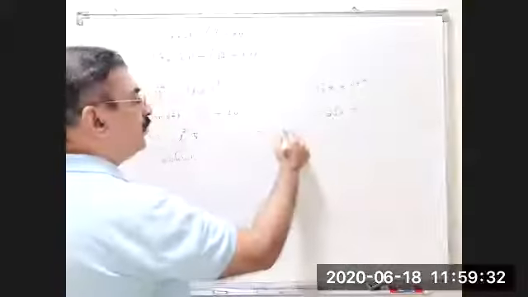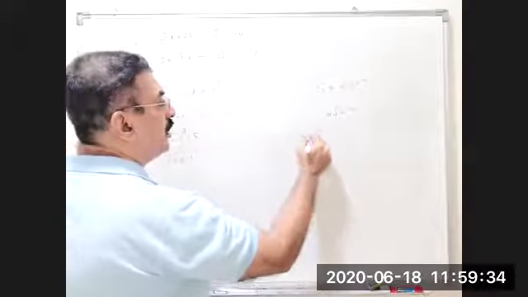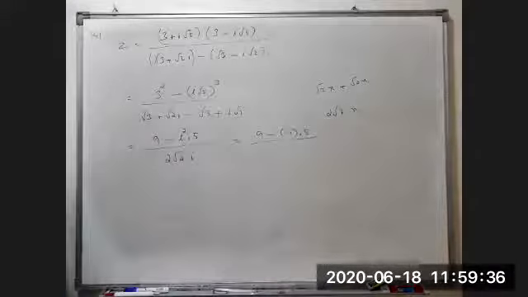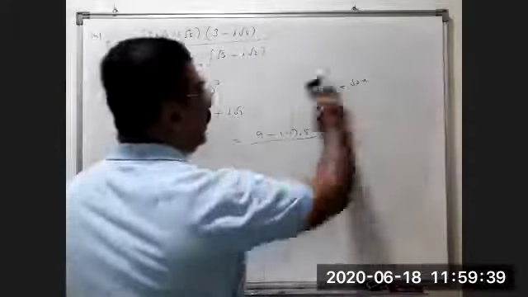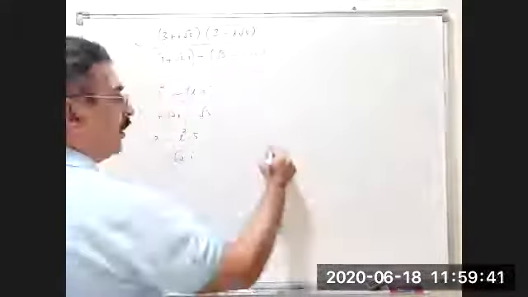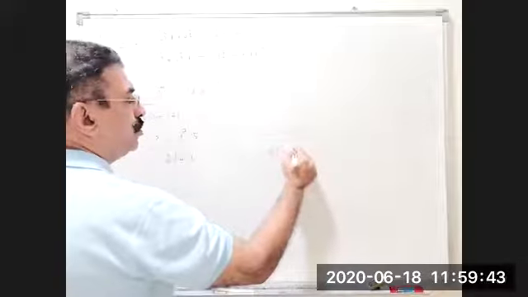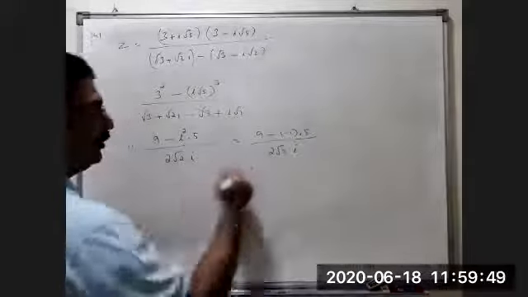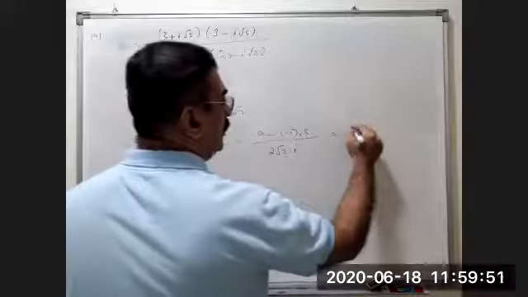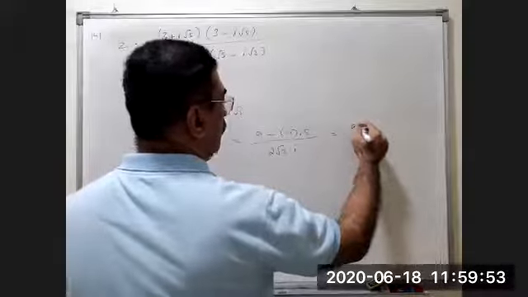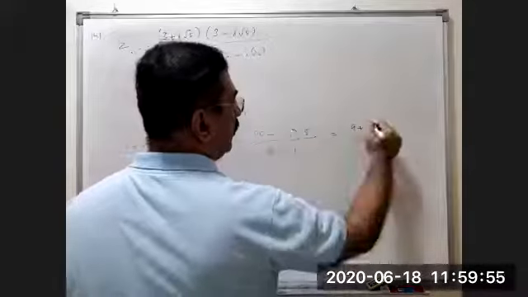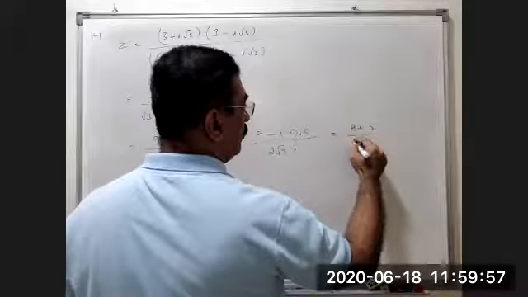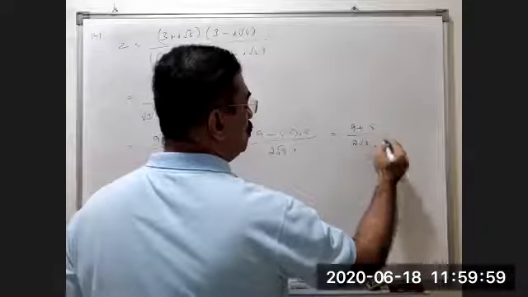Minus i square is minus 1 into 5, minus 1 into 5 by 2 root 2i. This is 9 plus 5 by 2 root 2i.